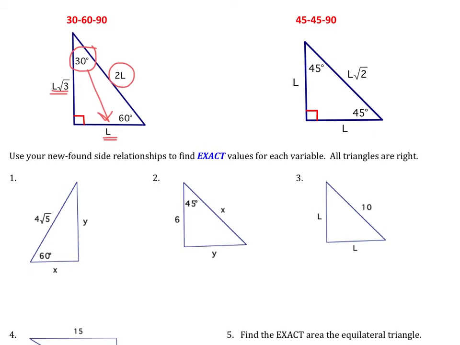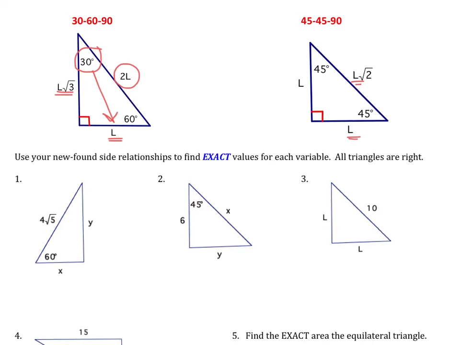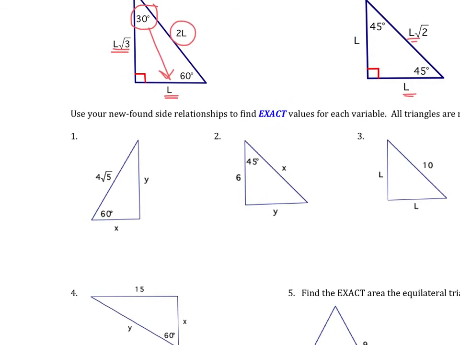In a 45, 45, 90 triangle, it's L for the legs, and then the hypotenuse is leg root 2. We don't call it a short leg or long leg because they're exactly the same length. So there is no such thing as one of them being short and one of them being long, like there is in a 30, 60, 90.